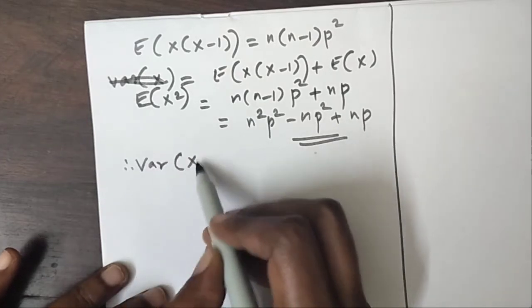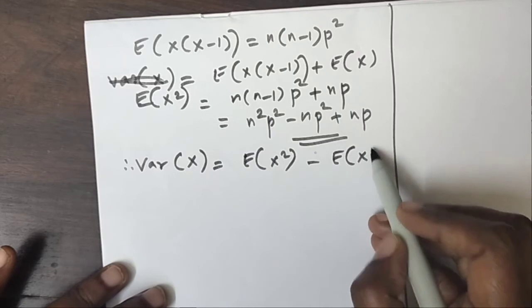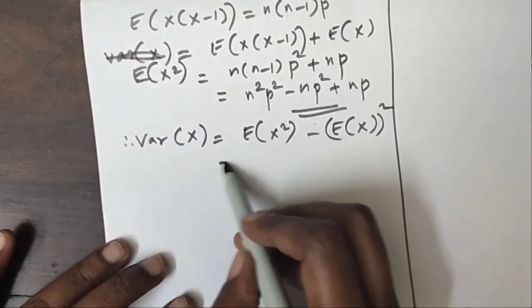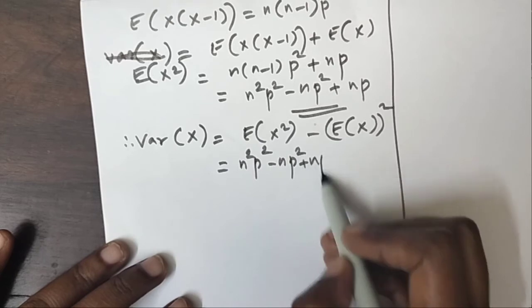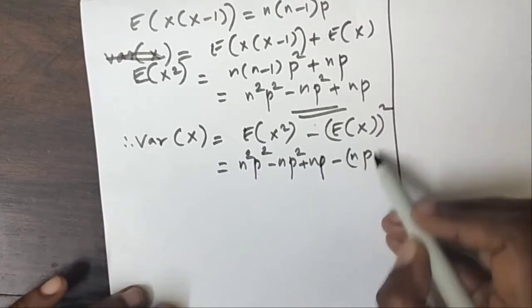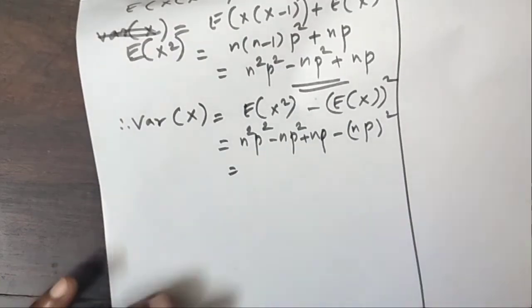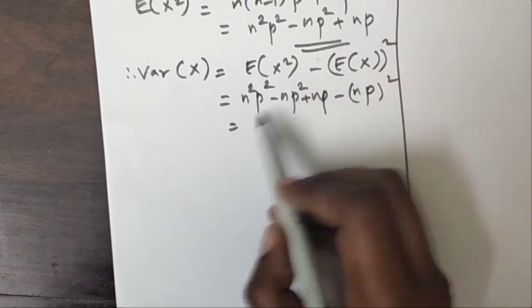Therefore, variance of x is E of x square minus E of x the whole square. That is n square p square minus n p square plus np, minus the expectation of x, that is the mean, np, the whole square. np the whole square is n square p square, so we can cancel this n square p square.